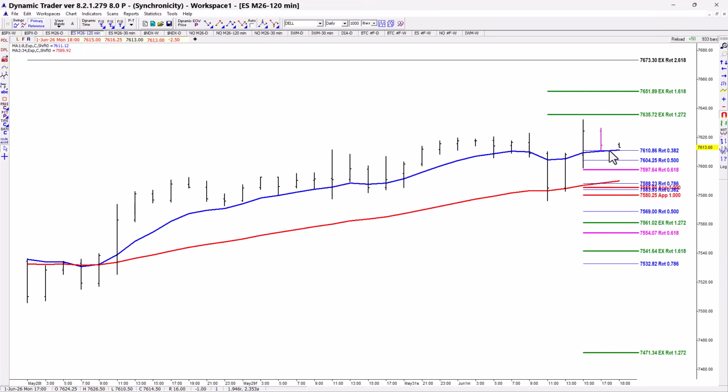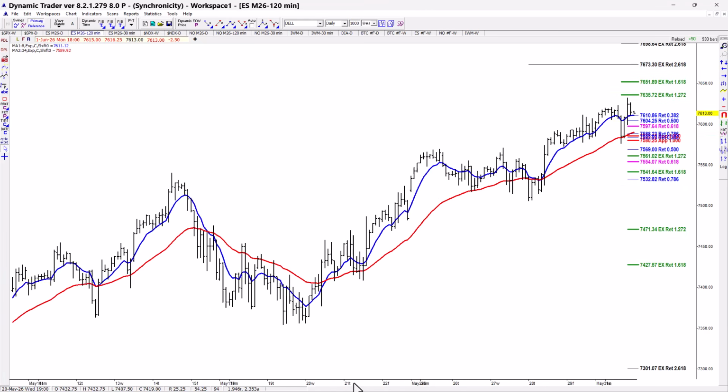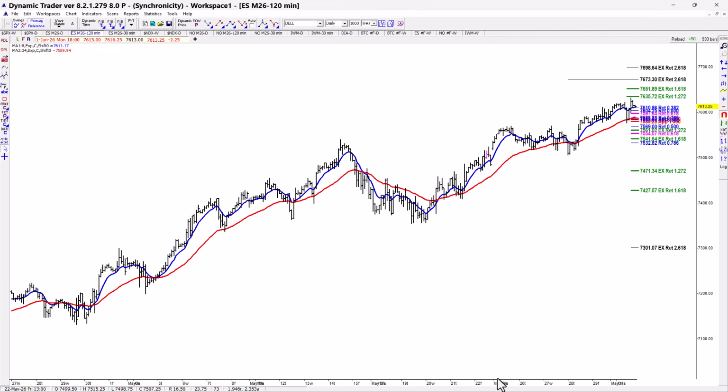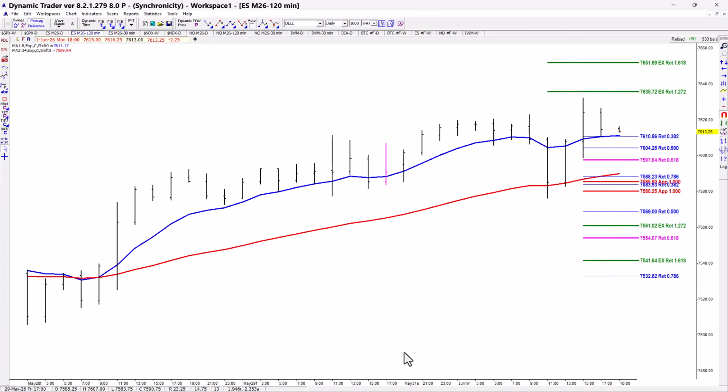I really haven't done much in the way of any major pullbacks here on the 120-minute chart. I know the girls will have or may have more information from going way back over to the left-hand side of the chart. But bottom line, I do have some levels for you to watch if we do get this pullback.